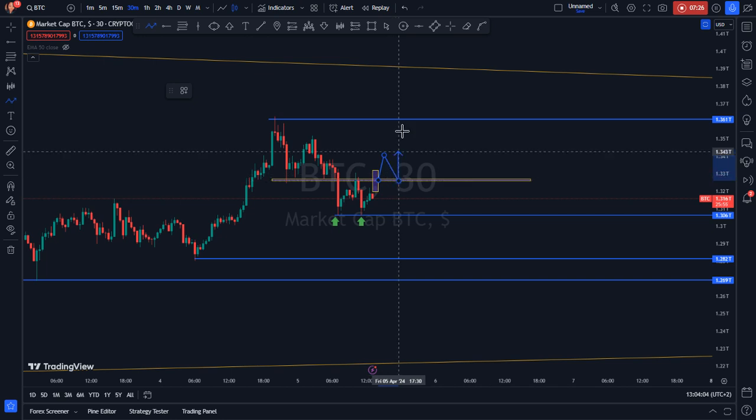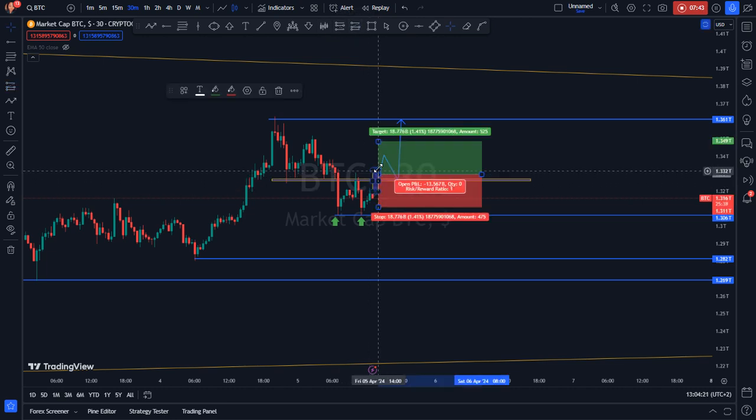So there are two kinds of entries for these kinds of trades. When the market gives the impulsive correction and then impulsive, you're either going to enter exactly on the breakout like this, and then wait for the market to go in your direction.